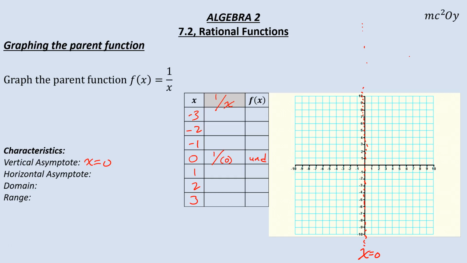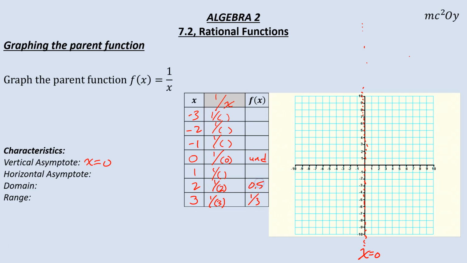You can use other numbers, but I'm going to use those for now. So 1 over x, 1 over x, 1 over x. Notice I'm putting parentheses where x would go, and I'll substitute those values in. So 3 gives 1/3, and 2 gives 1/2.